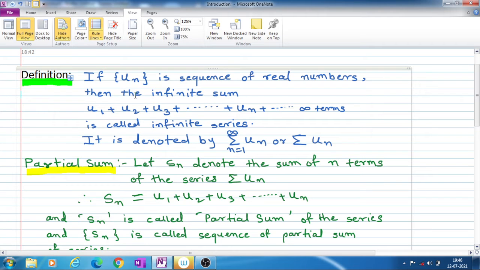So this infinite series is nothing but the sum of infinitely many terms of the sequence.